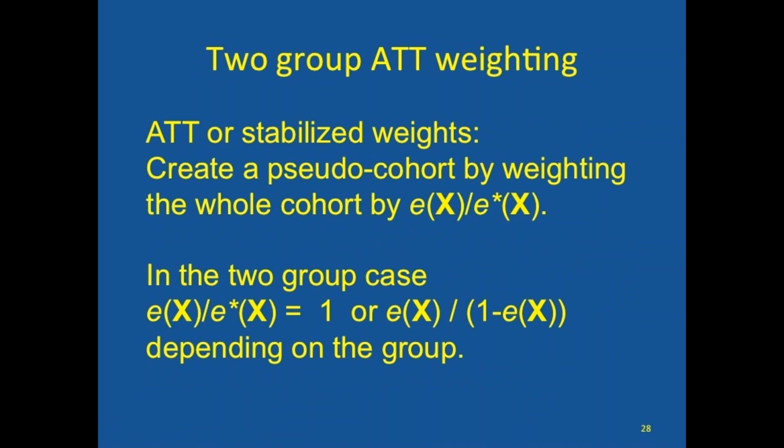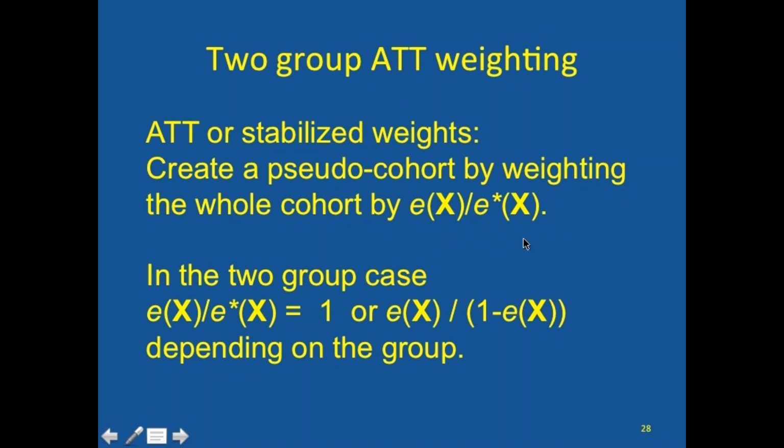So in a setting like that, maybe we'll say, well, what about ATT weighting? Maybe it's not the case that the ATE weights are of very much interest. What about the ATT weighting? Well, the ATT, or what's sometimes referred to as the stabilized weights, we create a pseudo cohort by weighting the whole cohort by E of x over E star of x.